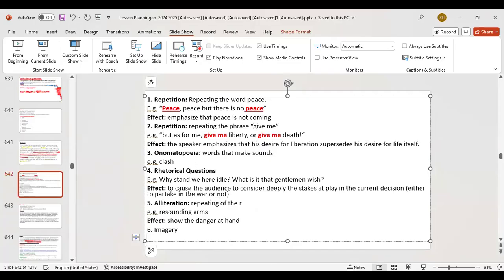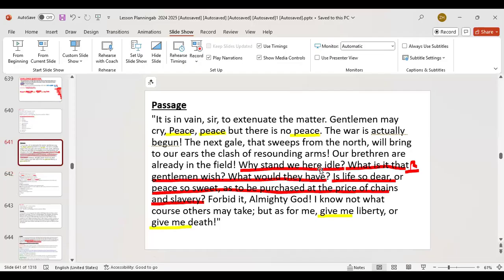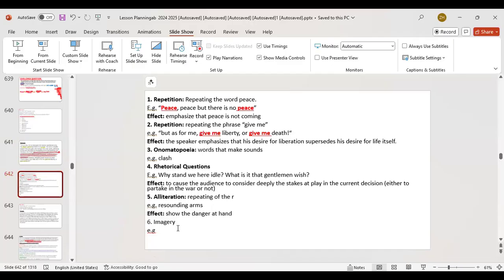Next we have imagery. He said, the price of chains and slavery. This is imagery. I would also say it is an analogy too.